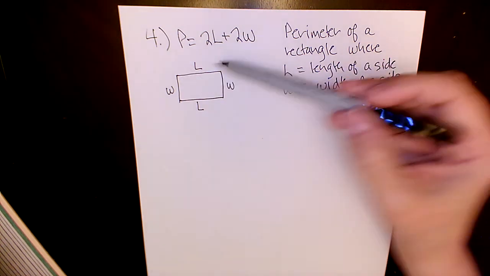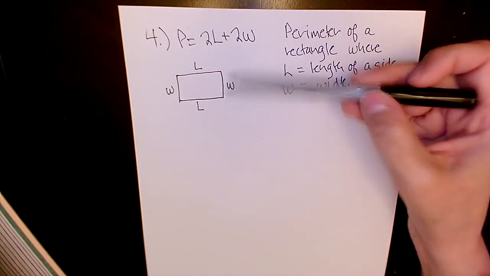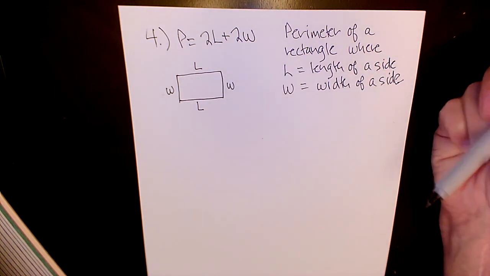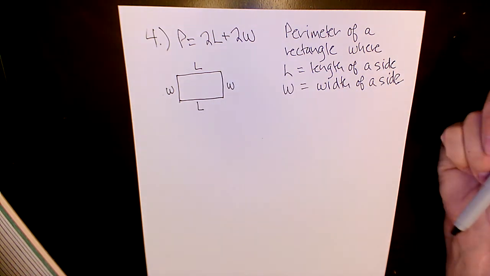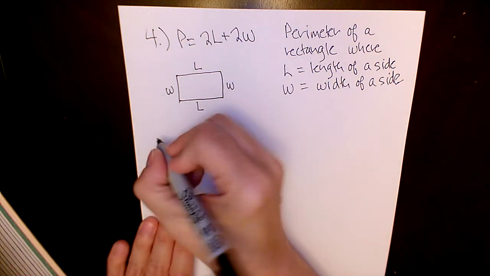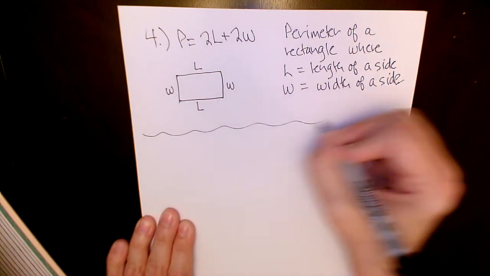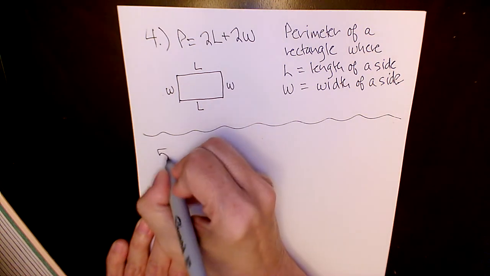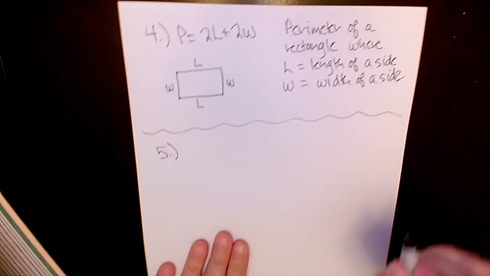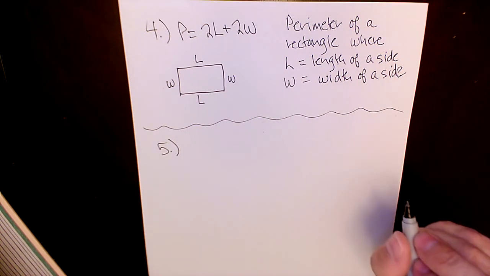L just means the length of a side, W just means the width of a side. Perimeter, of course, is the distance all around the figure. Remember to stop and pause if you need to, if I'm going too fast.